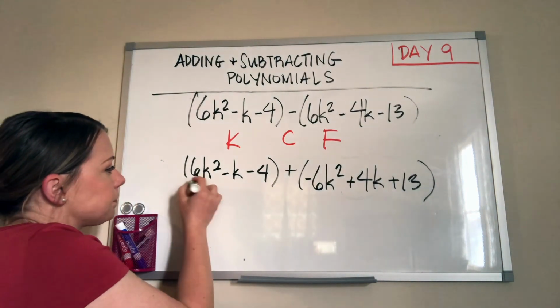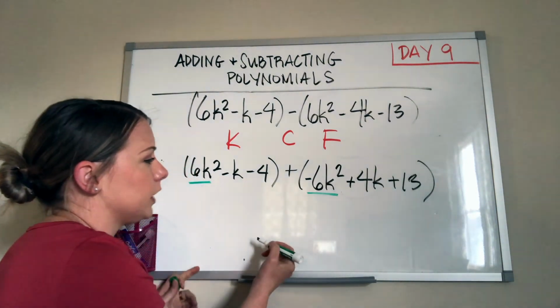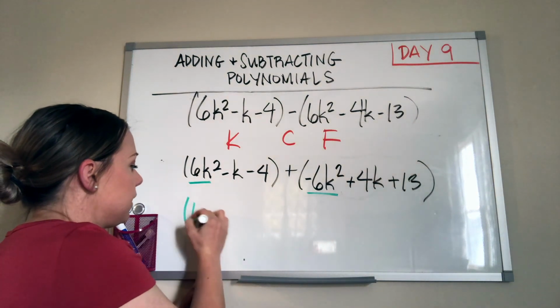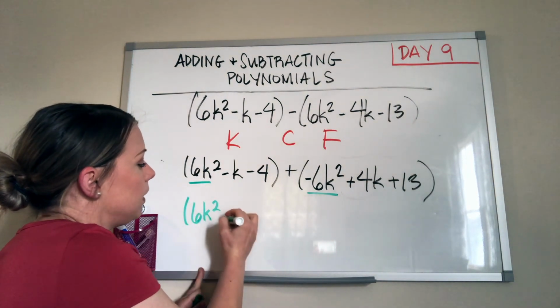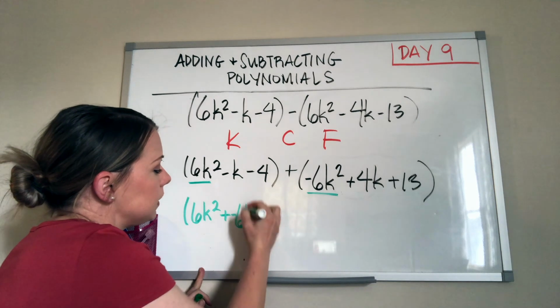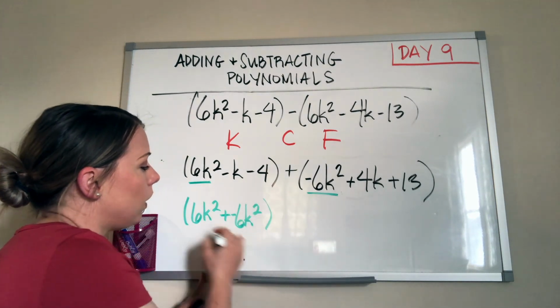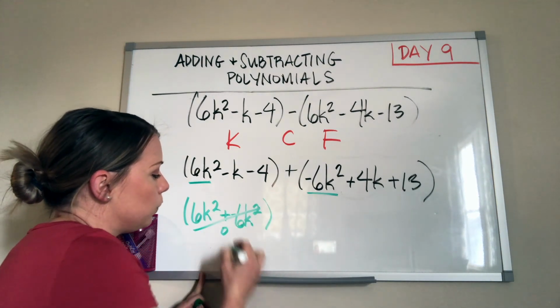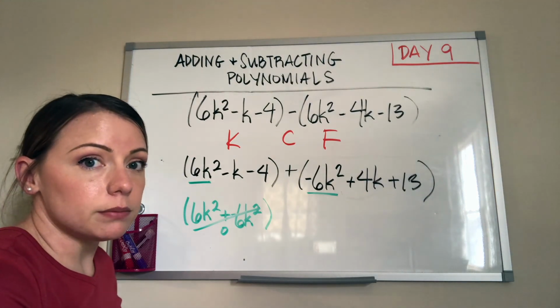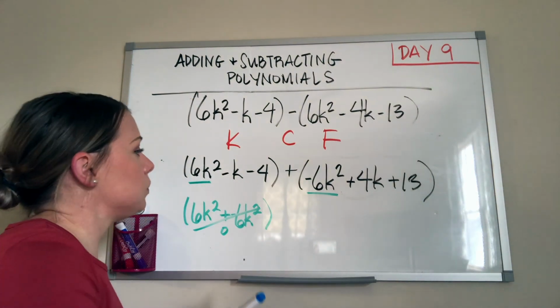All right, so here are my like terms for k squared. So I have 6k squared plus a negative 6k squared, which we all know is 0, and we don't really have to write 0.